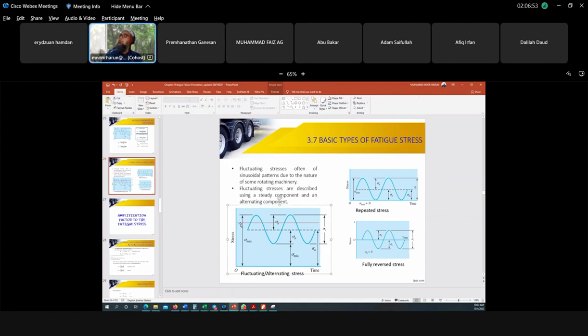Kalau kita bagi just one single load, there's no alternating. So this single load is like the mean stress.